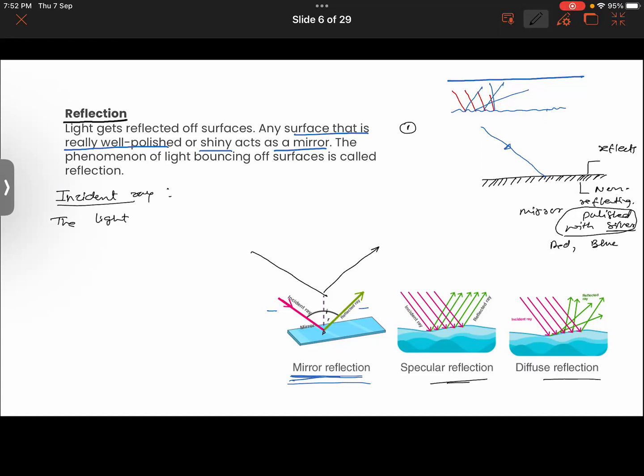Also, one more thing, like in mathematics you study about rays. In your junior classes you must have studied about rays, lines, line segments. In a line you have no endpoints.